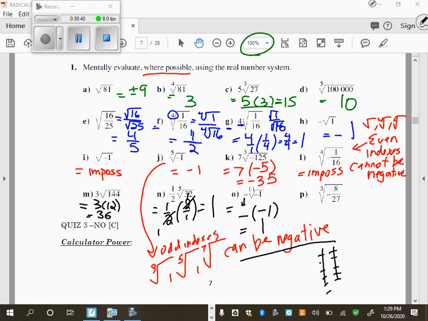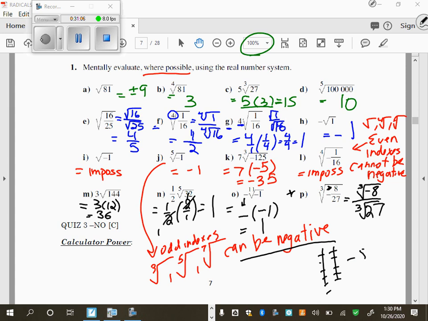For P, star P, this doesn't mean that they're both negative. This means that one of them is negative. And the rule is to bring the negative signs to the numerator, so let's bring it up right away so we don't have to do it later. So this is the same thing as the cubic root of negative 8 divided by the cubic root of 27.